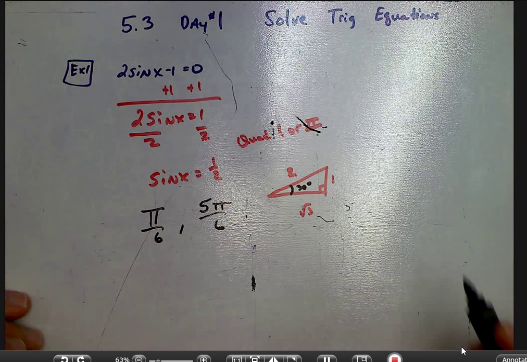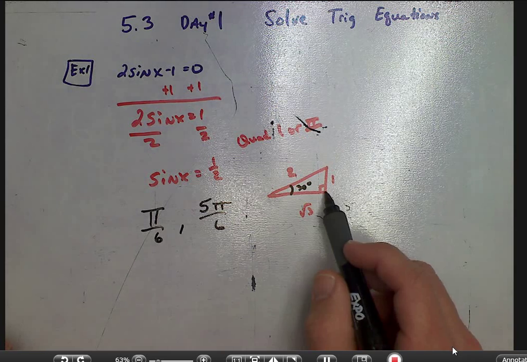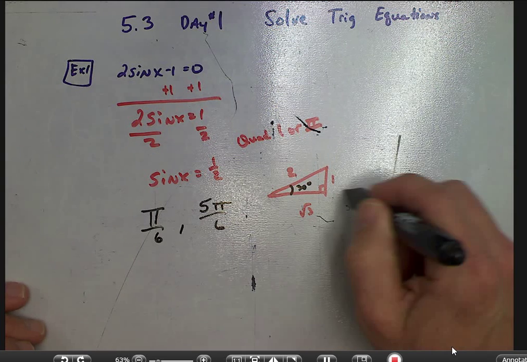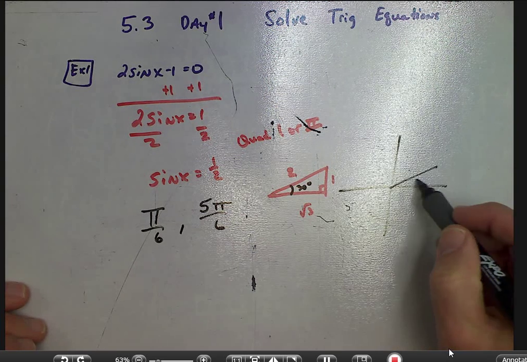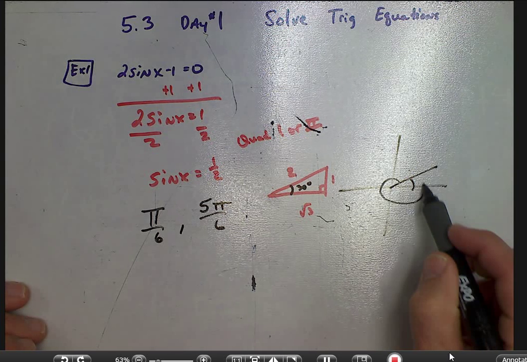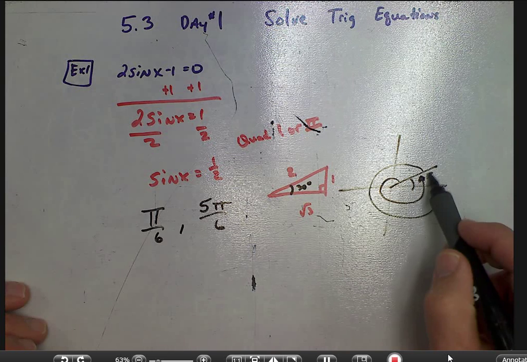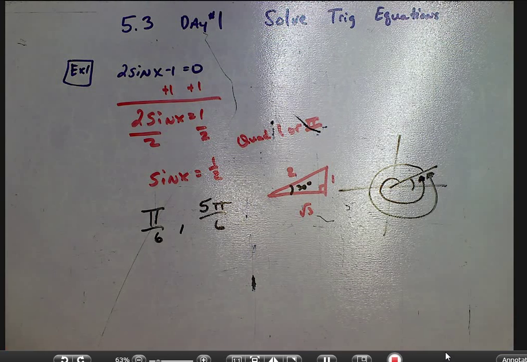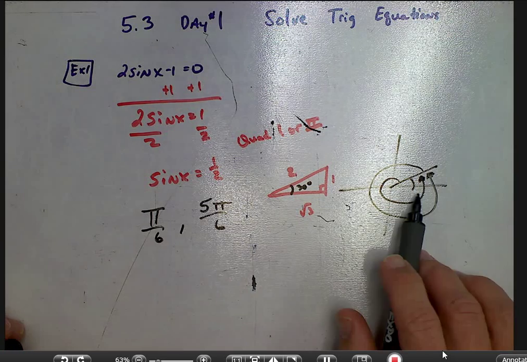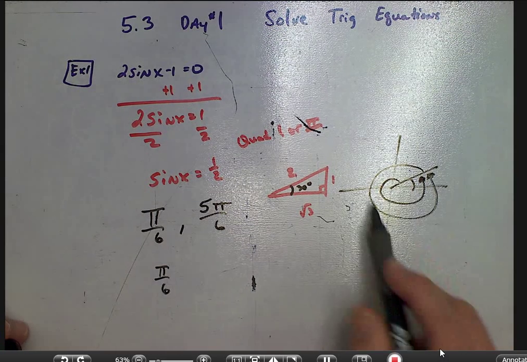We know that sine of 1/2, we can generate this in the first or second quadrant, but we also know that if this is the first quadrant angle, if I go around the whole thing again, it's another answer. If I go around the whole thing again, that's a third and fourth and fifth answer, and so on and so forth. So to accommodate for this, I'll take pi over 6, going around the circle one full time is adding 2 pi.